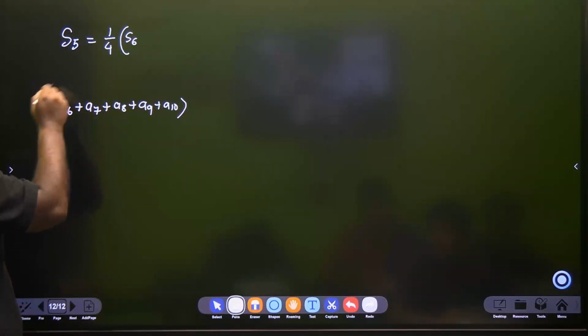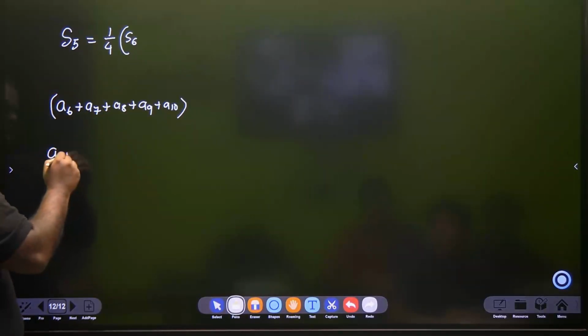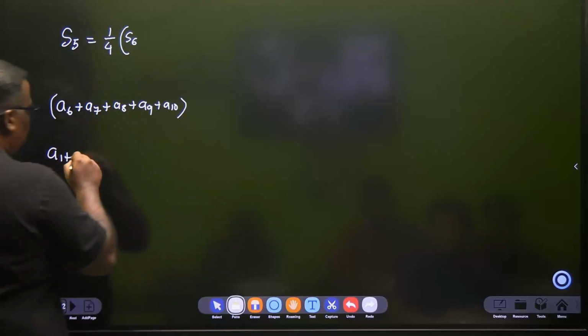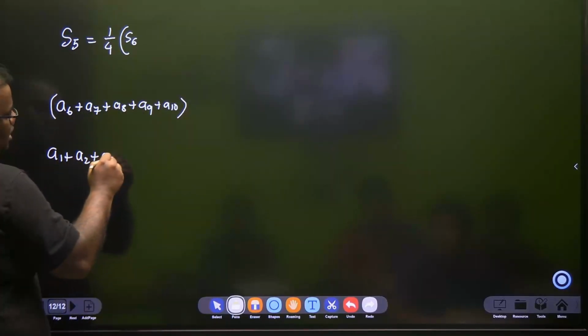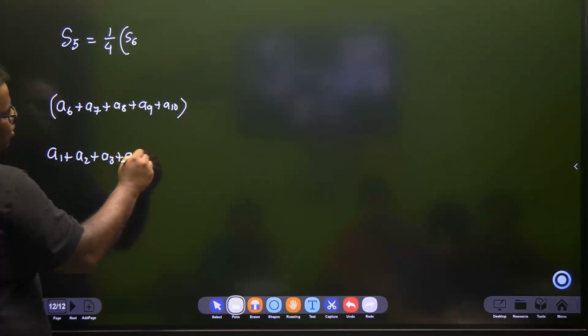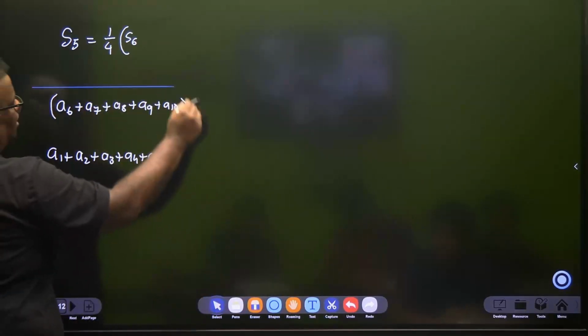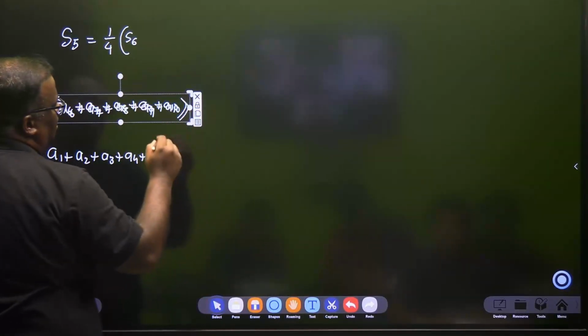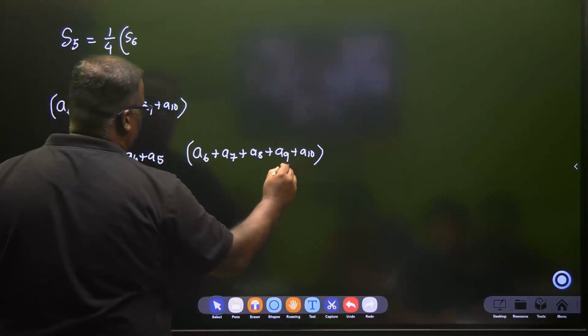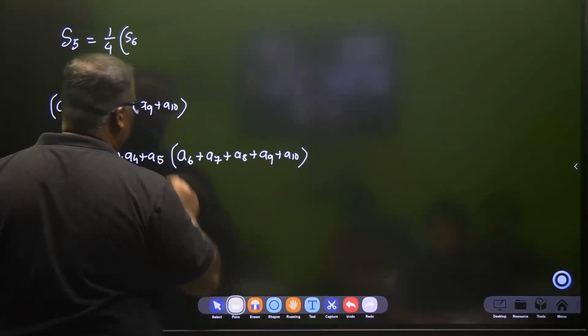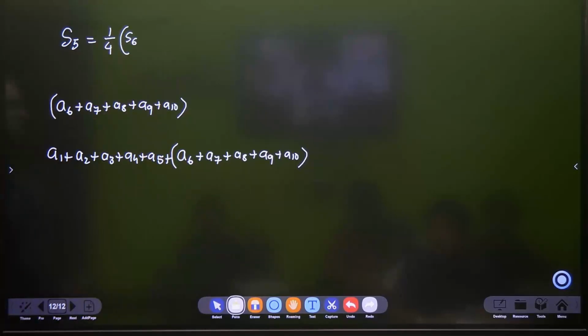If I add A1 plus A2 plus A3 plus A4 plus A5, okay? Just see the logic. If I add this, what is this equal to? It is the sum of the first 10 numbers.